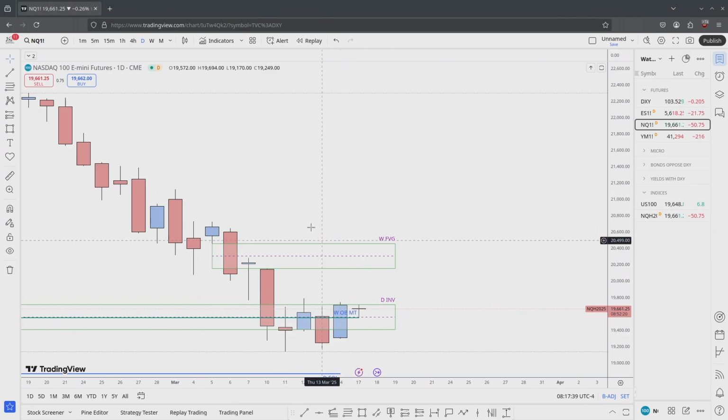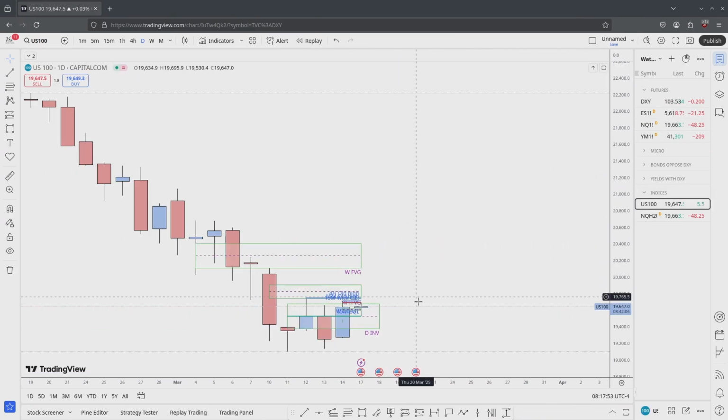Depends if we get to this level by Wednesday, or if not, then Thursday, and then I would expect price to retrace on Friday. So daily bias bullish.